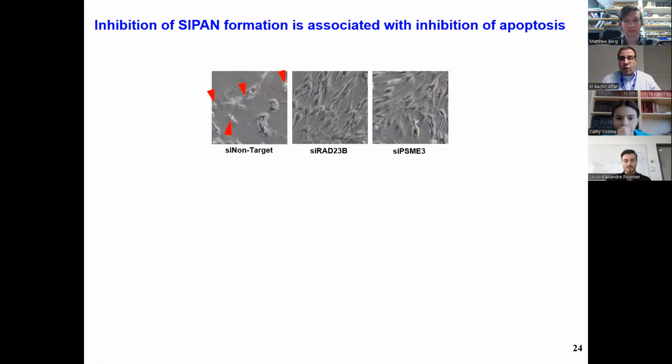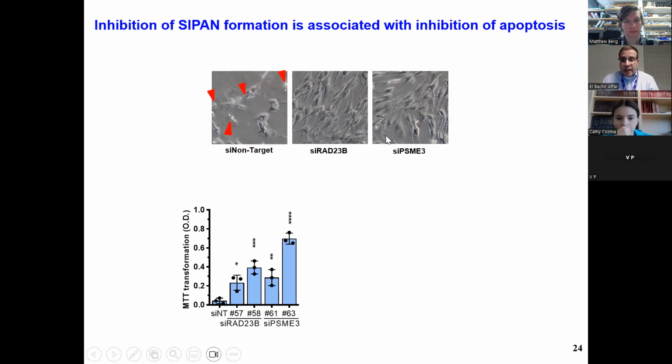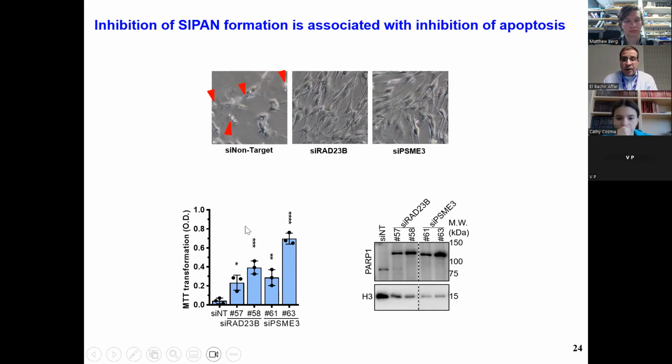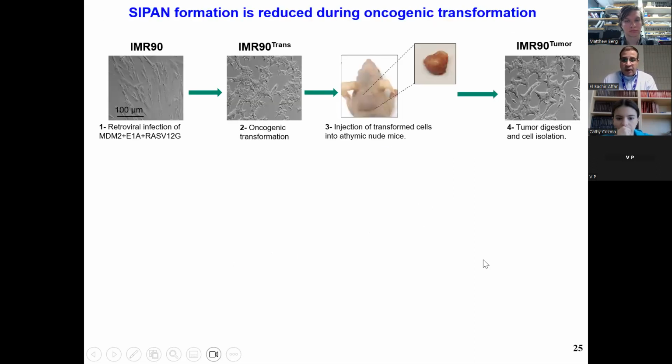We don't know what the significance of that is at this point, but all I can tell you is that it seems to be an important event, and if we interfere with two proteins, RAD23B and PSME3, by doing RNAi for these proteins under conditions of nutrient deprivation, we promote the survival of the cells, meaning that the liquid phase separation of the proteasome under conditions of nutrient deprivation will be promoting cell death, as you can see here with this phase contrast, these MTT assays, and this assay for PARP cleavage.